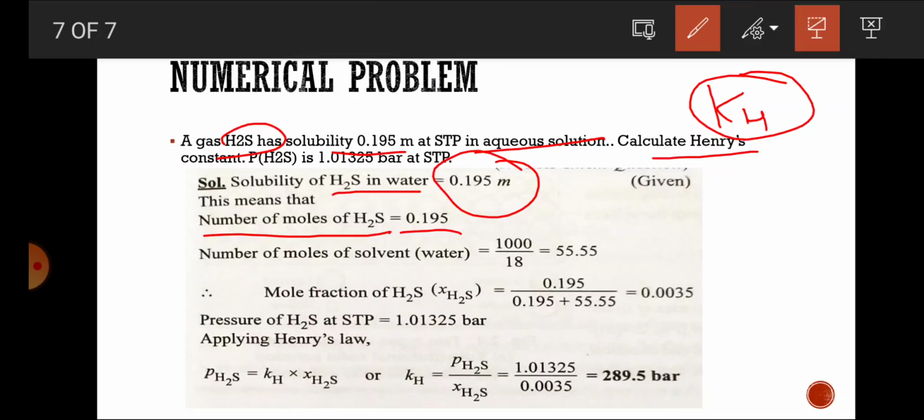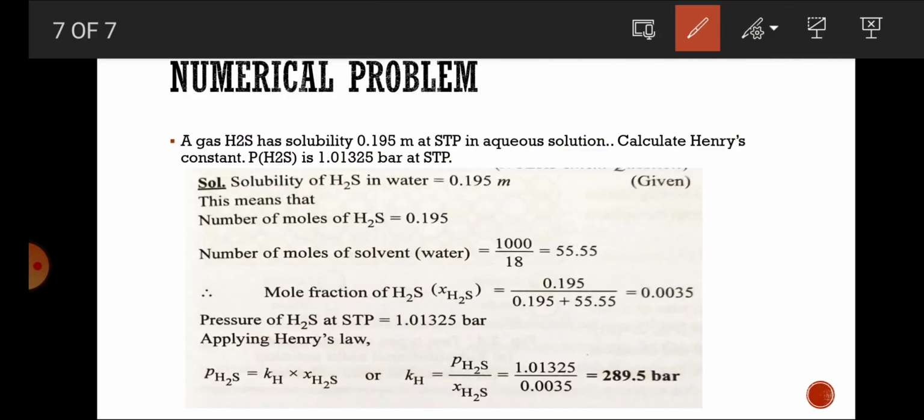So here we have found the value of X2. The mole fraction of H2S gas is 0.0035. The partial pressure of H2S gas is already given, which is 1.01325 bar.